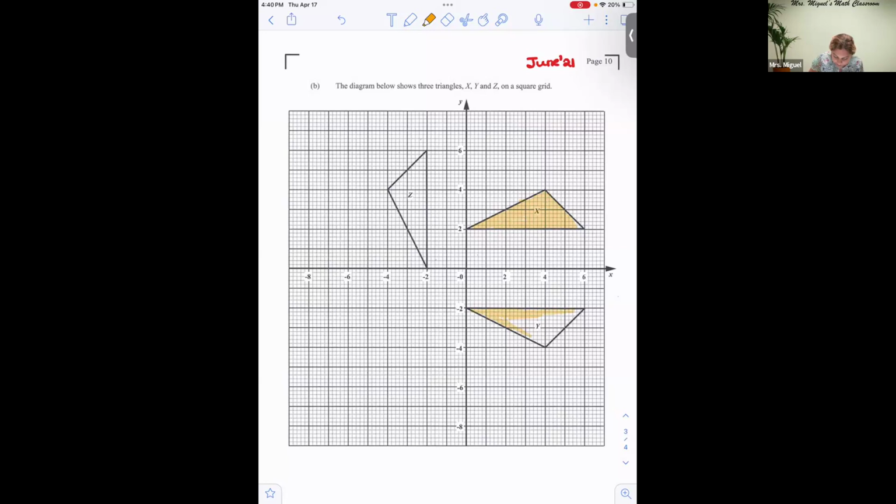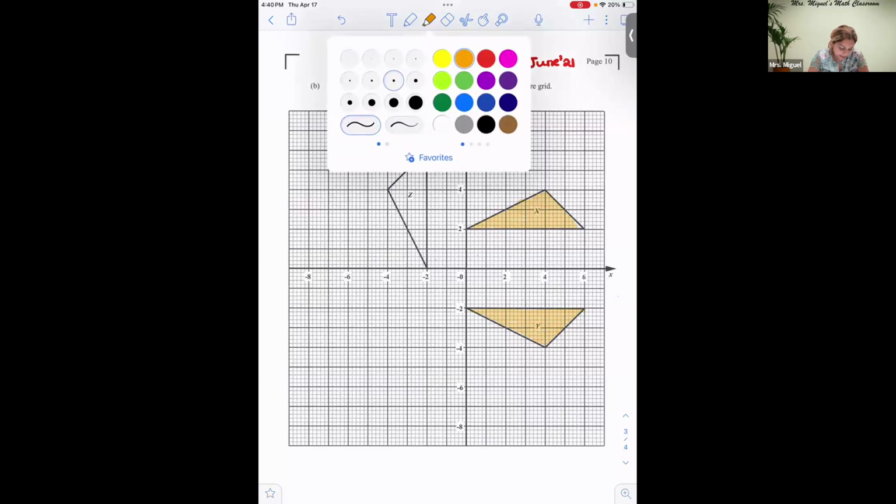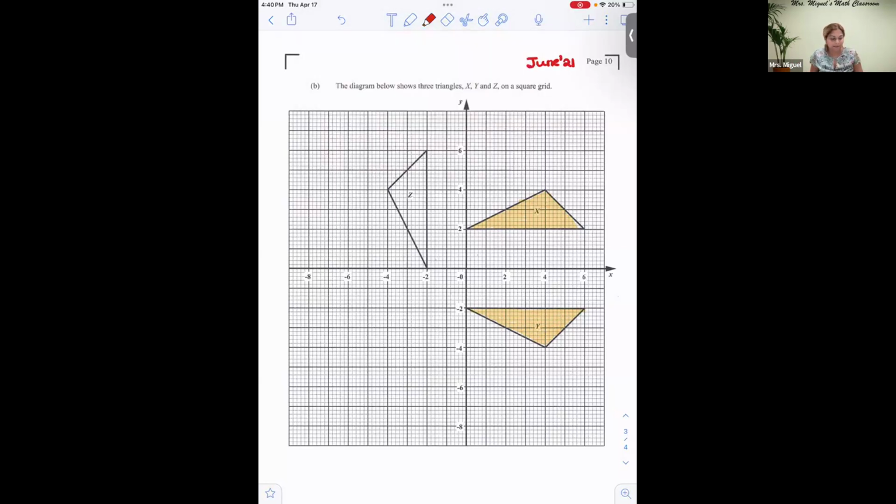So in your mathematics booklet, I want you to draw where you think the mirror line should be. You draw the line where you think the mirror line should be. I'll give you a minute or two.